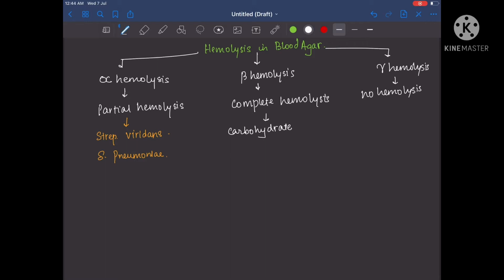So these beta hemolytic bacteria are further divided into 21 types on the basis of carbohydrate in the cell wall, and this classification of bacteria is called the Lancefield classification.